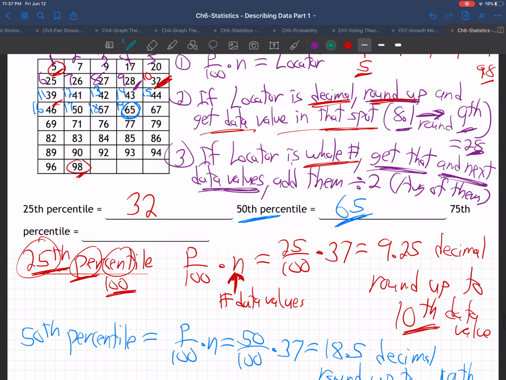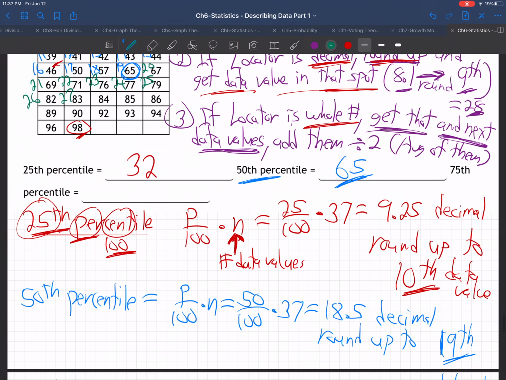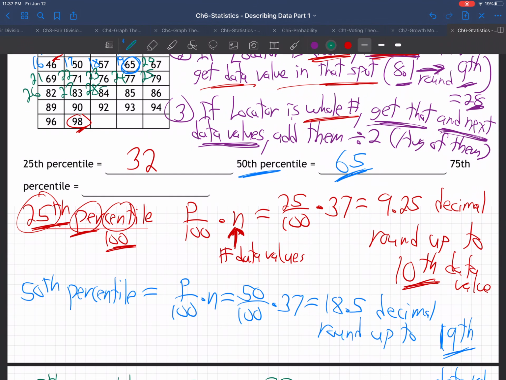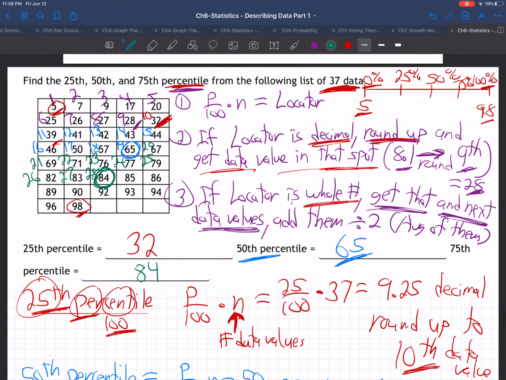So this is the 19th, 20th, 21st, 22nd, 23rd, 24th, 25th, 26th, 27th. I forgot what we're looking for. Oh, 28th. Good, I'm almost there. So 28th. Here it is. 84. So 84 is the 75th percentile. So you see our three numbers?